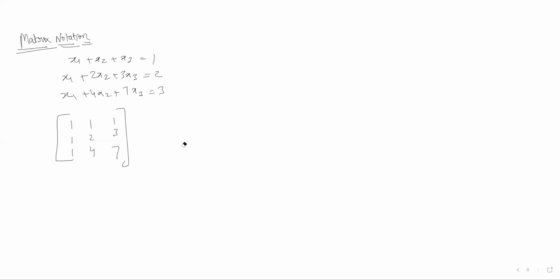Right? So the name of this matrix is coefficient matrix, or you can say matrix of coefficients. And if we include the constant terms also, then it becomes an augmented matrix.